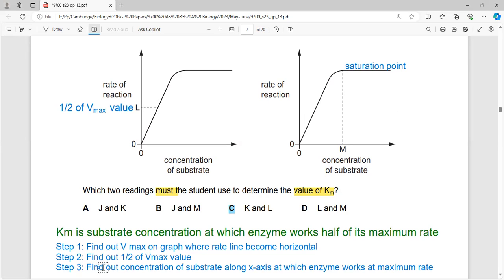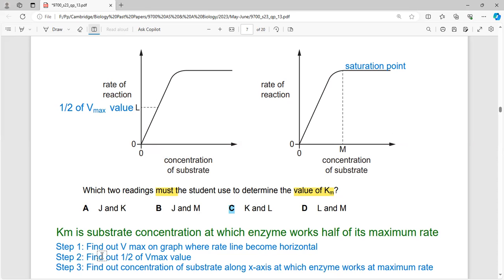In step number 2, you need to find half of Vmax. You can see in the next diagram on the left side that Vmax is above here, and half of Vmax is halfway up. In step number 3, we need to find the concentration of the substrate along the x-axis which is needed to get half the maximum rate of the enzyme reaction. So the question is: which 2 readings must the student use to determine the value of Km?